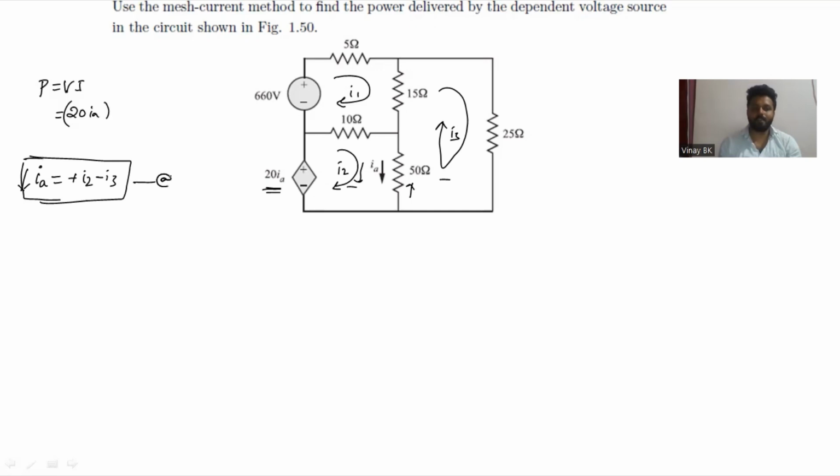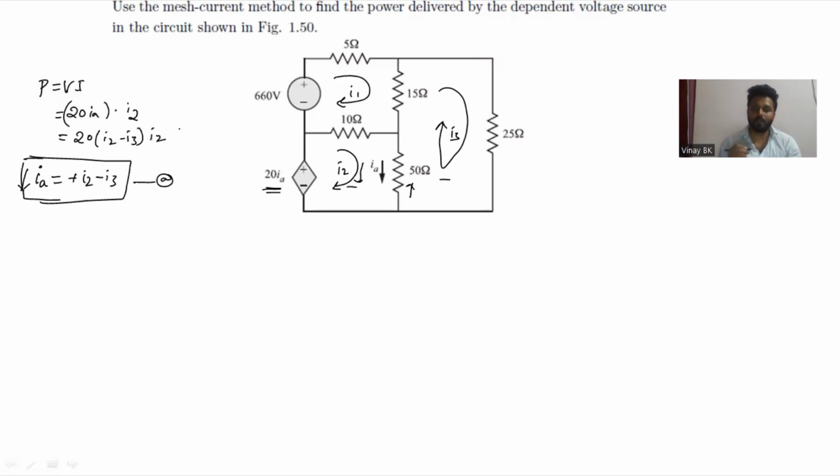This is equation A. Now in loop 2, I2 is flowing. The power delivered by the dependent source is 20 IA into I2, since I2 flows through the dependent source. IA is I2 minus I3, so you can write 20 into (I2 minus I3) into I2.